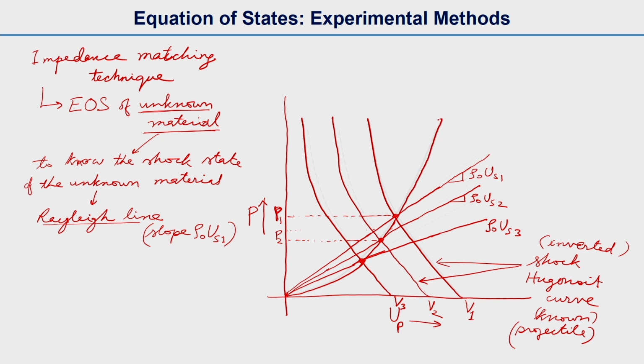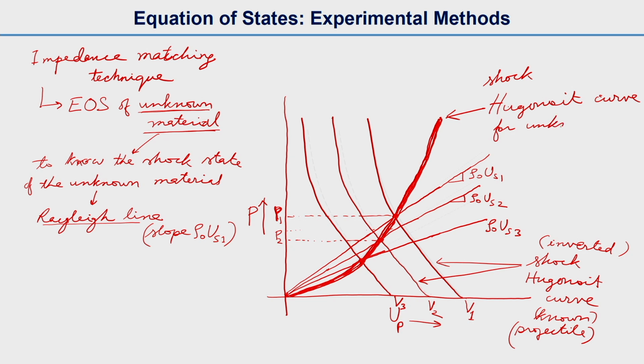If we connect all these points, something like this, I'll make a thicker line. So this is the required EOS, or basically we will call it the shock Hugoniot curve for the unknown material.